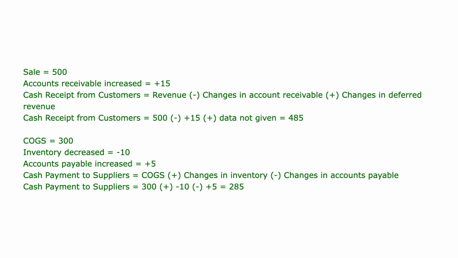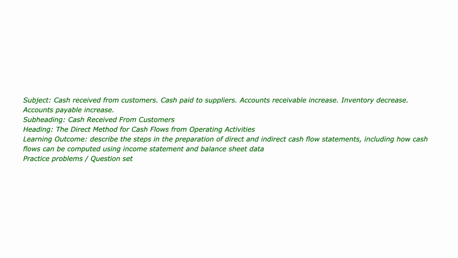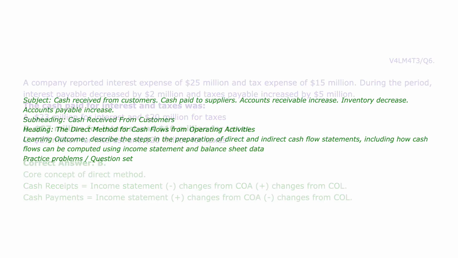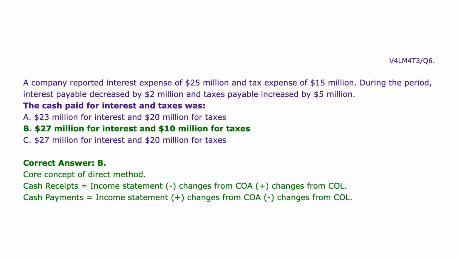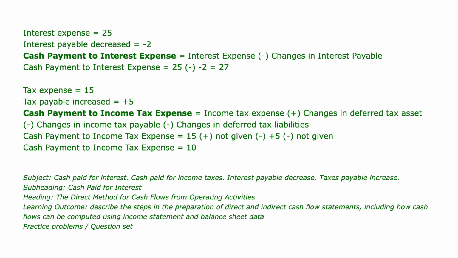Cash payment to suppliers equals COGS plus changes in inventory minus changes in accounts payable. Cash payment for interest expense equals interest expense minus changes in interest payable.